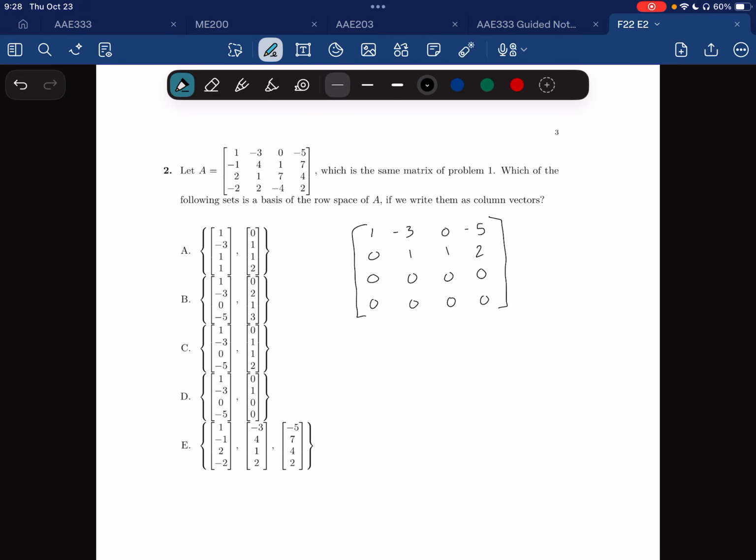So the answer is going to be C, because that's row 1, that's row 2. Or, I'm sorry, I just circled D. The answer is going to be C. But yeah, biggest thing to understand here: basis of column space, you take original columns. Basis of row space, you can take the REF'd rows.